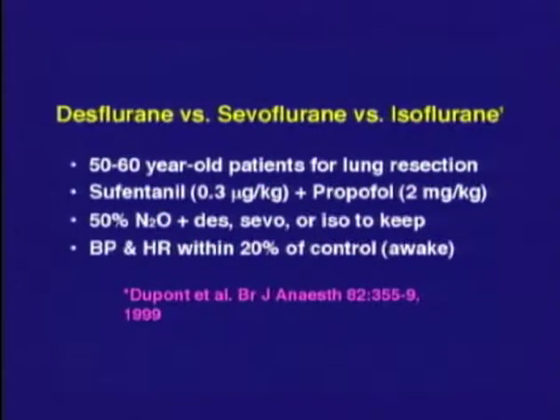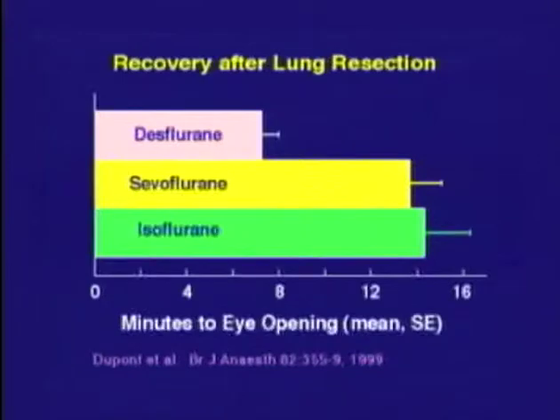This is for middle-aged patients, premedicated, as you see, with sufentanil and propofol, and given nitrous oxide with either desflurane or sevoflurane or isoflurane in order to keep the blood pressure and heart rate within 20% of the control values, the awake values. And then they measured awakening after anesthesia and found a more rapid awakening after desflurane than sevoflurane, but not a more rapid awakening after sevoflurane than after isoflurane anesthesia.